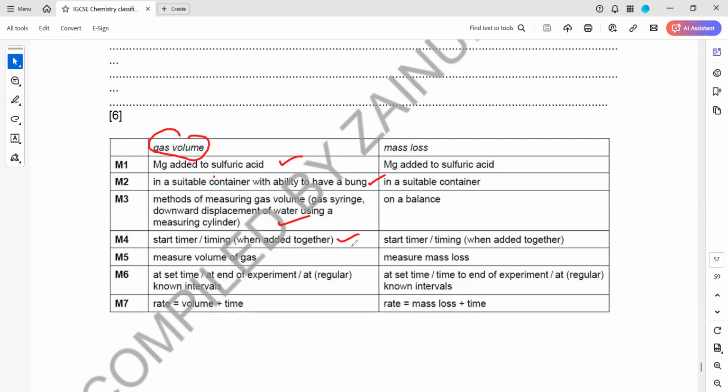Then we start the timer, then measure the volume of the gas at set times, or at the end of the experiment, or at regular intervals, and the rate is volume divided by time. These are the points.